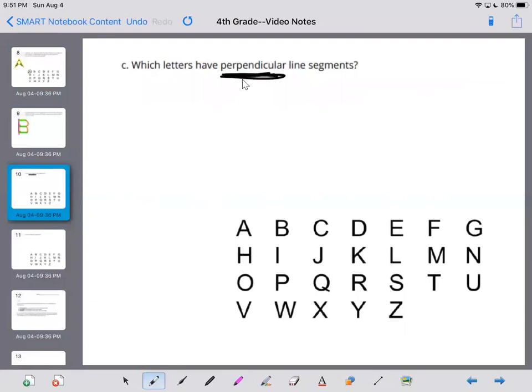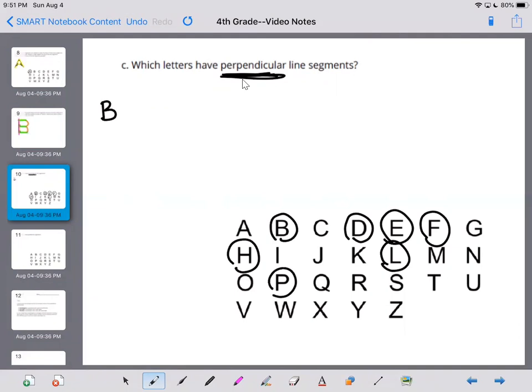We want the students to start to identify that, and we'd see, yes, B does have that, and D has the perpendicular line segments, and you can see that in E, you see that in F, you see that in H, you see that in L, parts of P, parts of R, and then T. And those would be the ones that have perpendicular, so they have this look where they meet at this 90-degree angle.